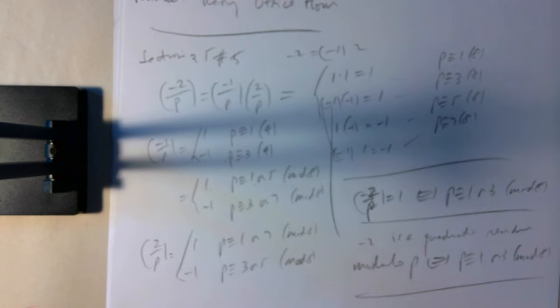Okay. So this is the same as using quadratic reciprocity? Well, you use quadratic reciprocity when you have (p over q), where p and q are both odd primes.